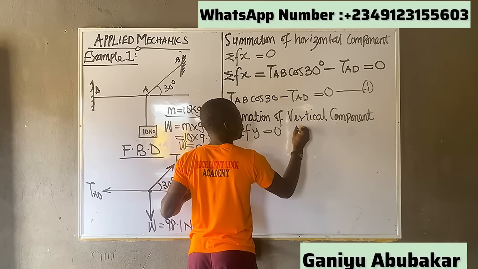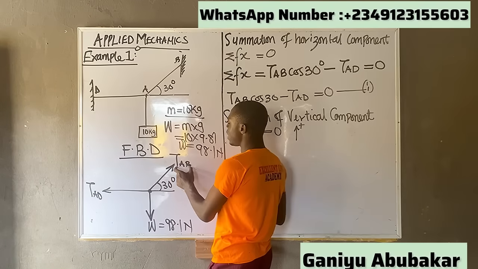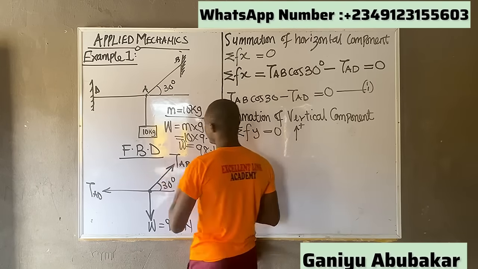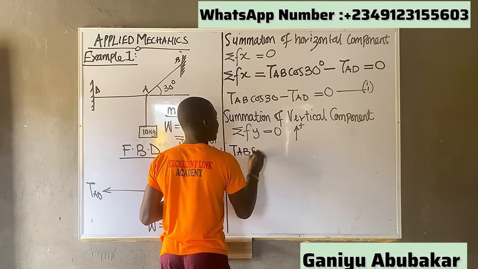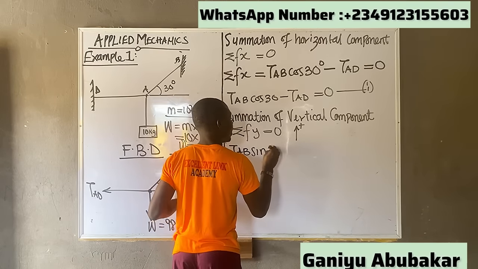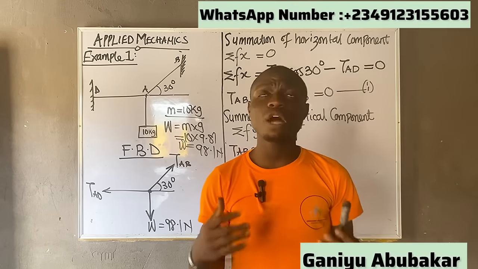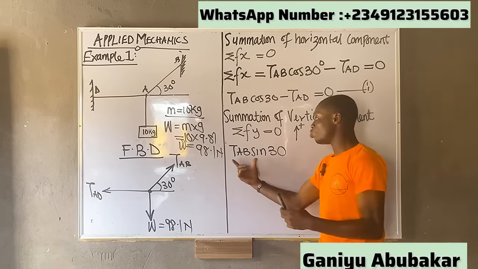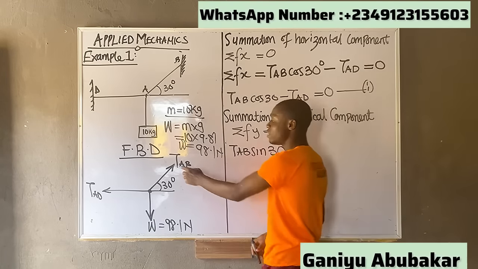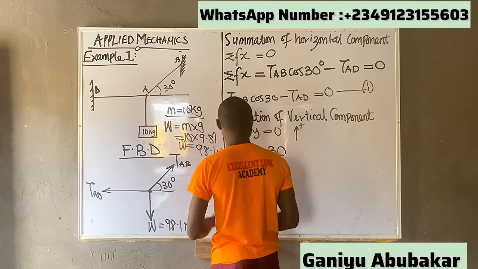Take upward as positive. If I resolve TAB to the vertical, that gives you TAB sine 30. If you have watched our previous classes on how to resolve forces in 2D, you should know how I got this.